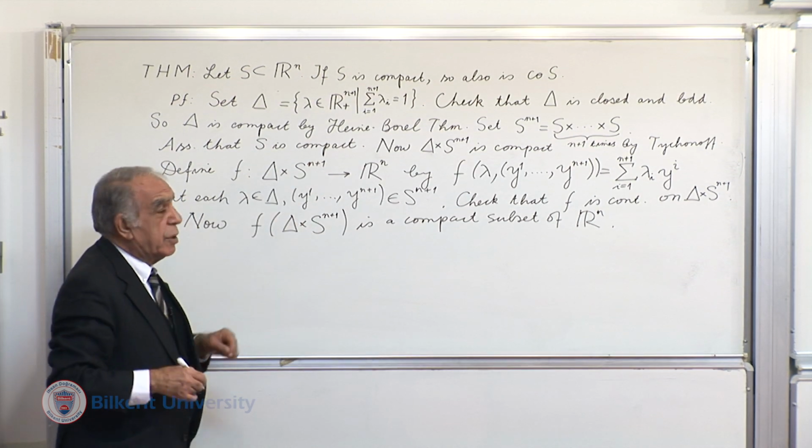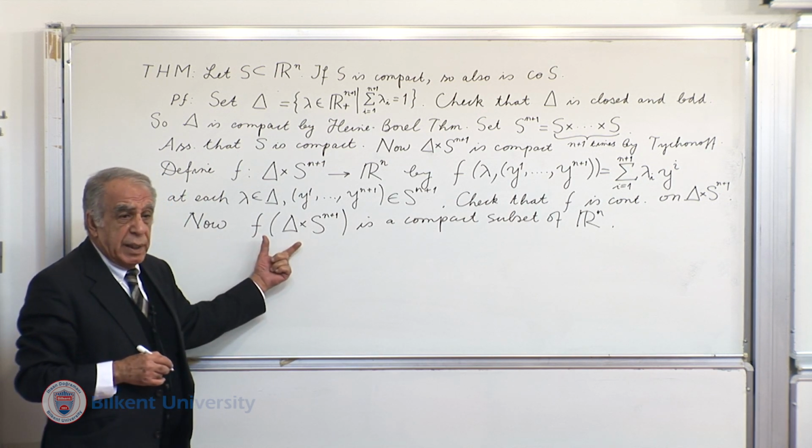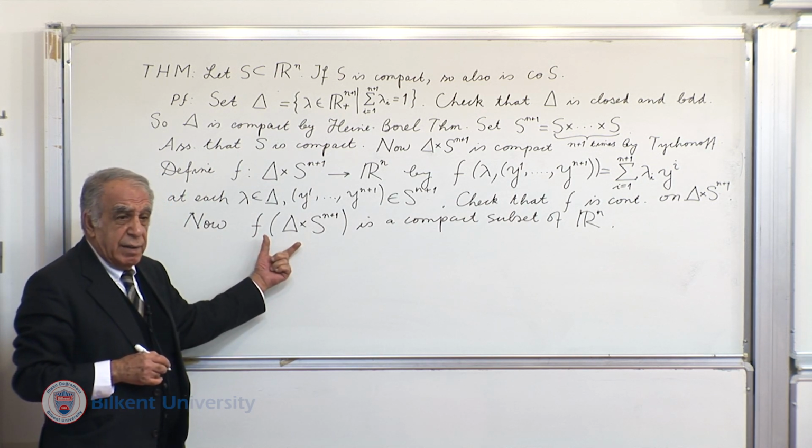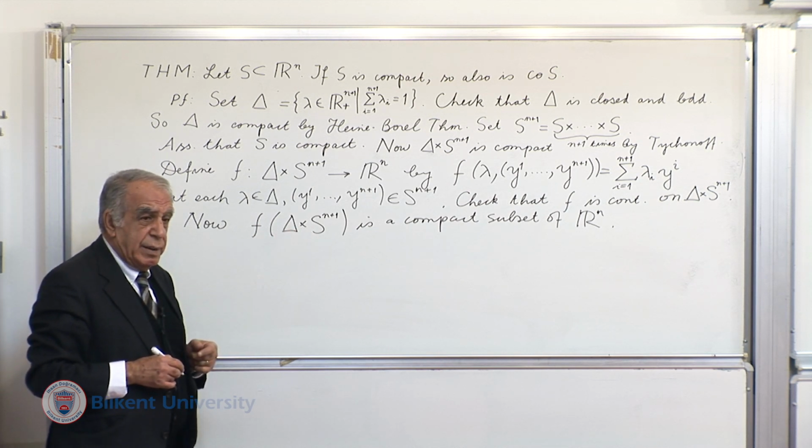Okay, but we wanted to show that the convex hull of S is compact. Is this somehow related with the convex hull of S, f of delta cross Sn plus 1?